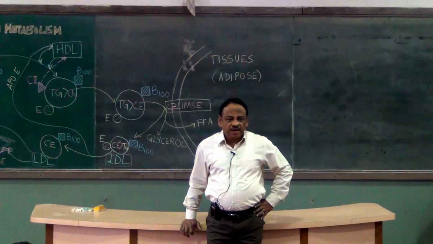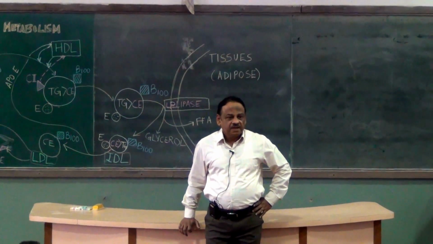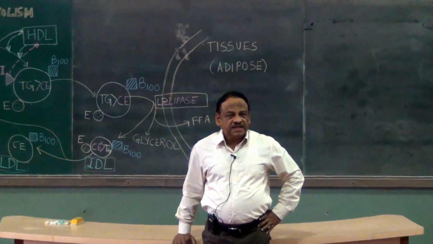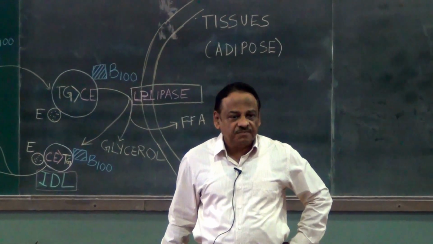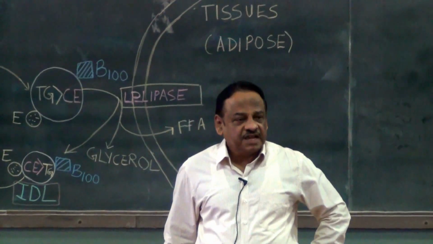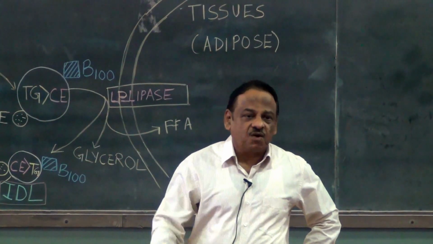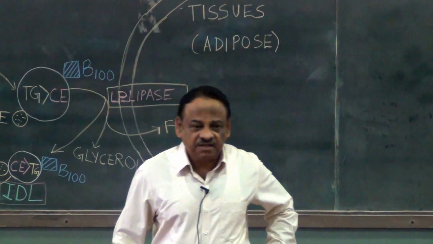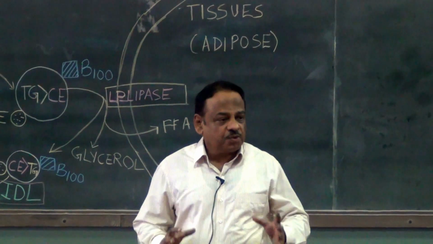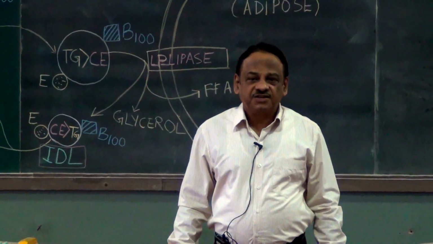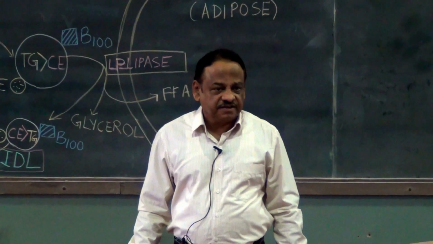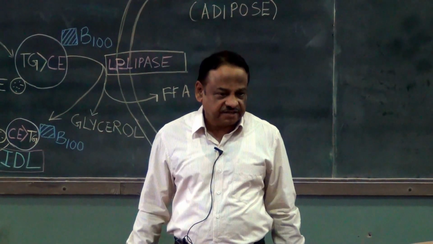The chylomicrons are the major carriers of the triacylglycerol and to a lesser extent cholesterol and the fat-soluble vitamins. These are the constituents of the chylomicrons with an apoprotein that is known as the B48. B48.